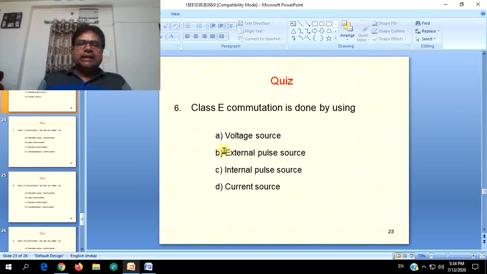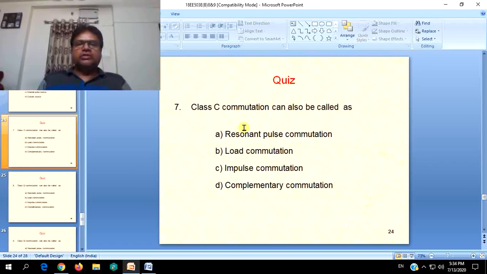The proper answer is external pulse source, which can be through a pulse transformer or other circuits. Class C commutation can also be called as, it is a straightforward thing where you can understand it as complementary commutation.